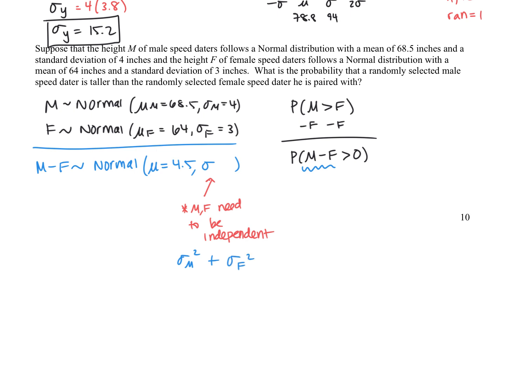So this is a key. Always add, and always variances. So this is going to give us 4 squared add 3 squared.